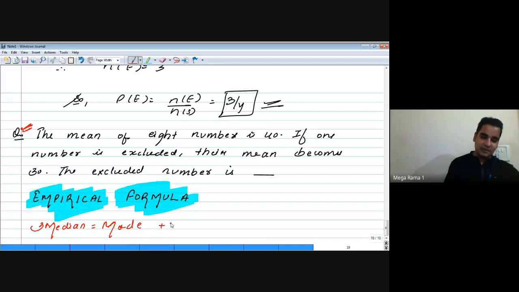That's the relationship we have between median, mean, and mode. Okay, you can note it. 3 median is always equal to mode plus 2 mean.